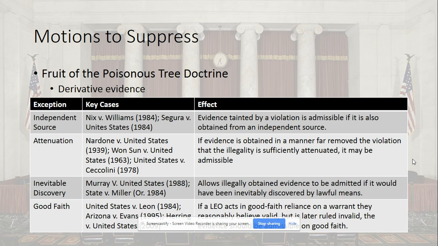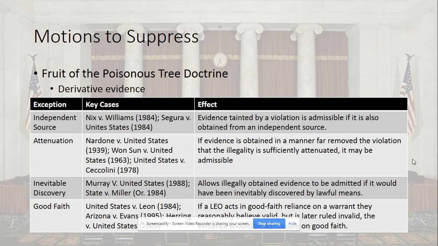I highly suggest that you look that up. I believe the Christian burial speech comes from that Murray versus United States listed here on the screen. But look up Christian burial speech as it pertains to inevitable discovery. Read the story. It's really awesome. You should read it.